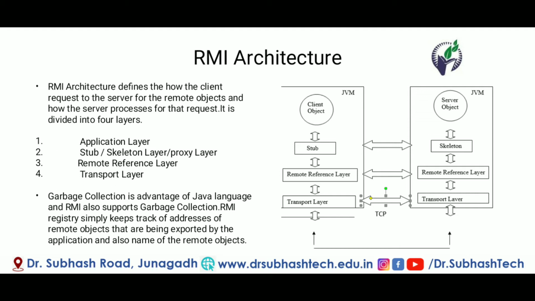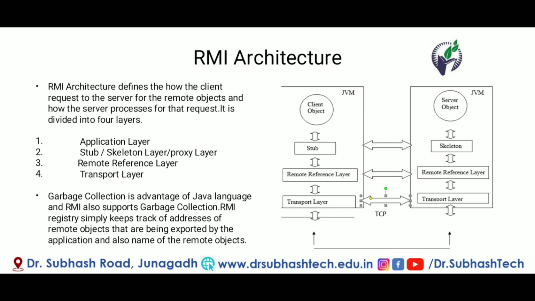Then there is the RMI registry. What is the RMI registry? It simply tracks the addresses of the remote objects that are being exported by the application, and the names of the remote objects. As you see in the figure, there are different objects in different systems. Each contains a remote object, and this remote object is used for communication from one system to another, or from one JVM to another JVM.